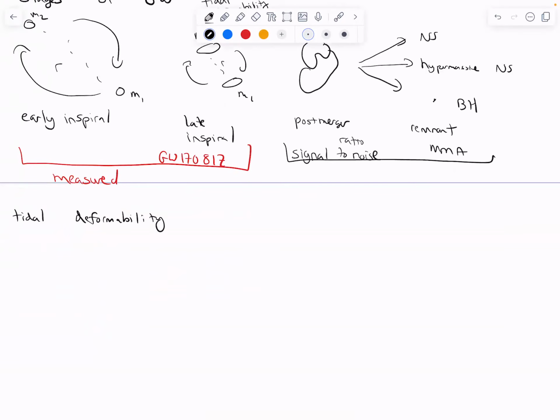So once the R, the distance separating the two stars between M1 and M2 is small enough, they're then sensitive to the gravitational pull between each other, and they're no longer a sphere.